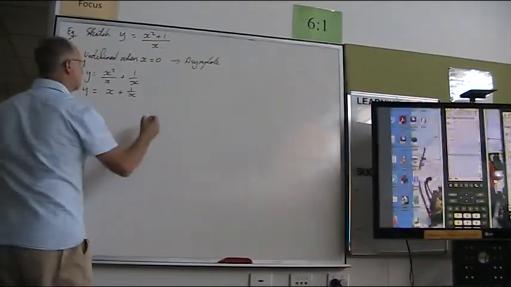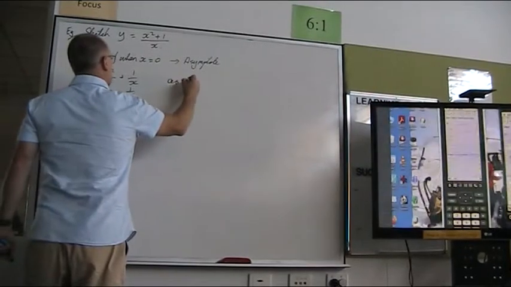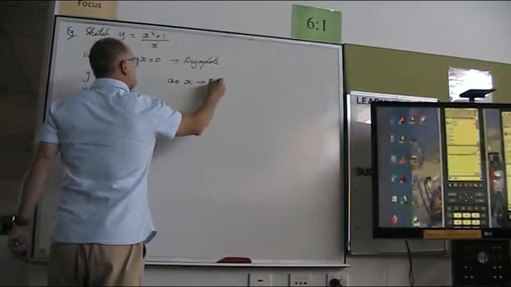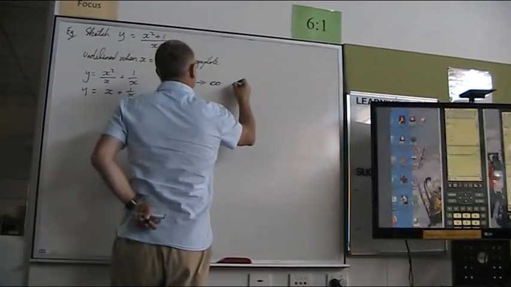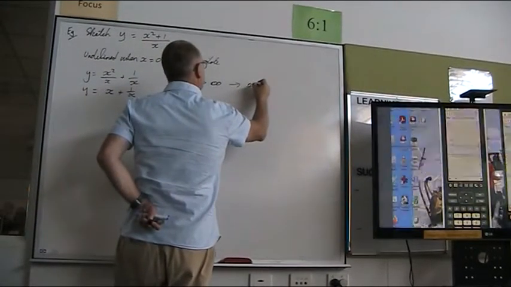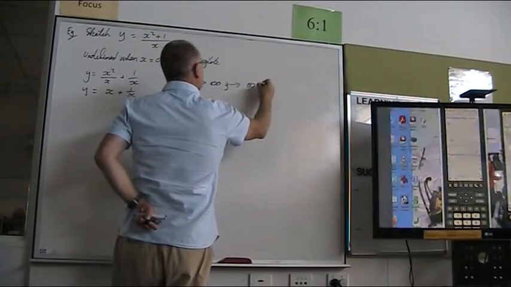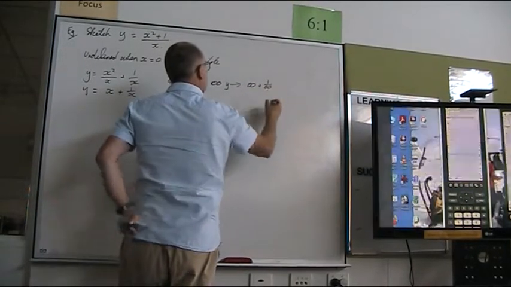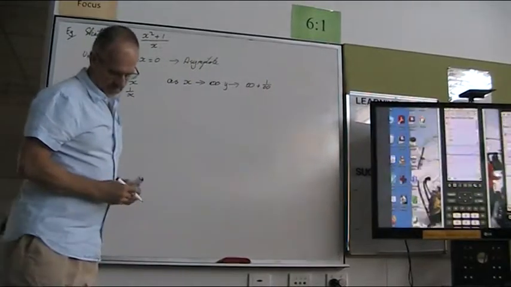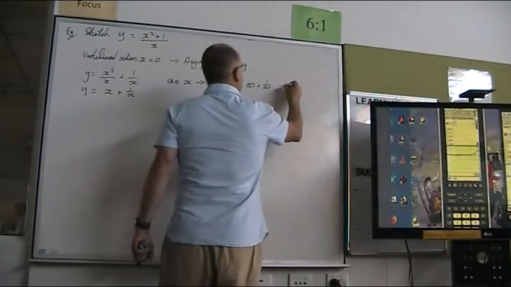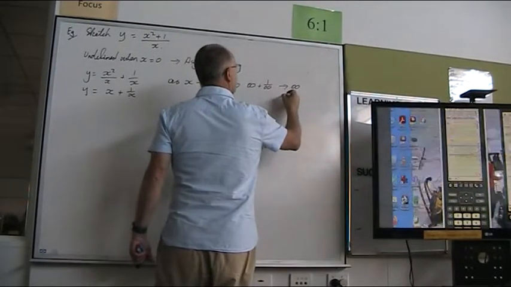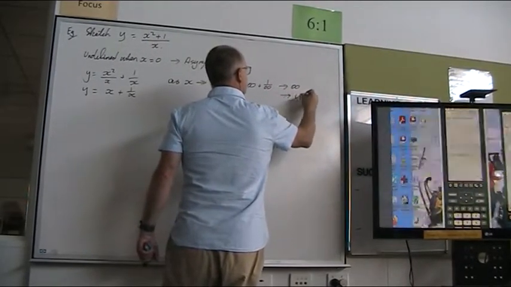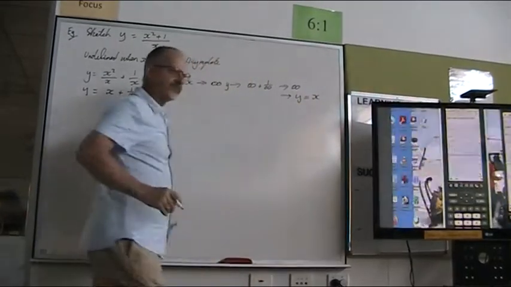So from this, as x goes towards infinity, that's going towards infinity plus 1 on infinity, which is just going towards infinity, which suggests it's going towards y equals x.